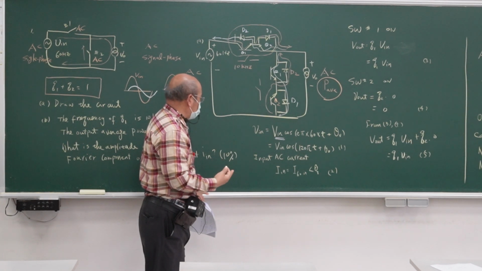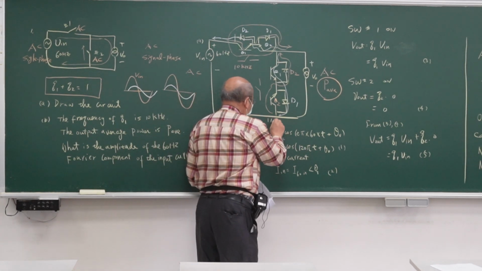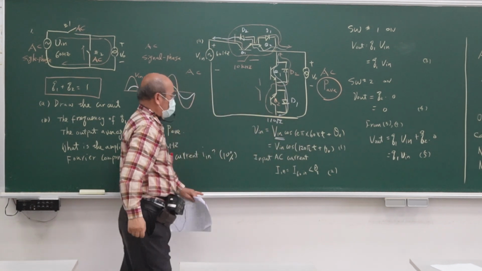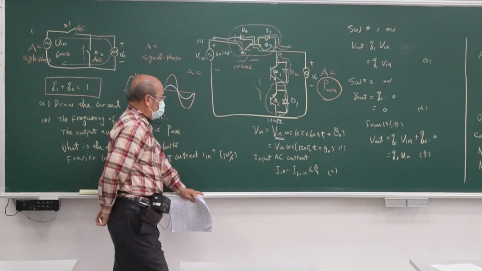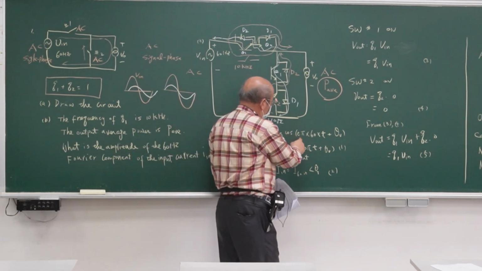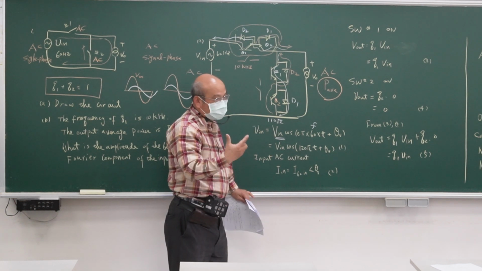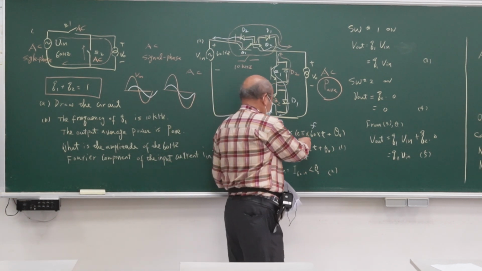In general, it could be 110 RMS, so the amplitude is like this, about 145, times cosine of 2 pi f t. We know the input is 60 hertz, so we just put 60 hertz.